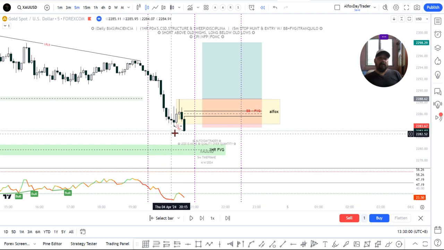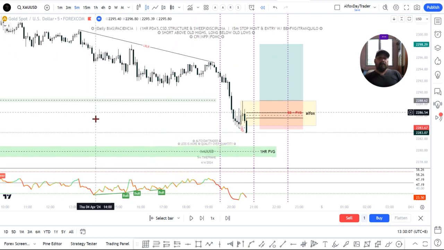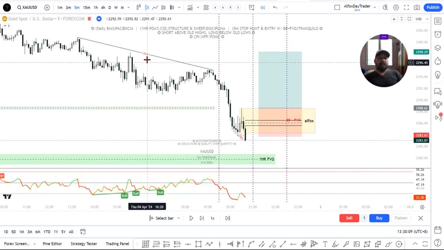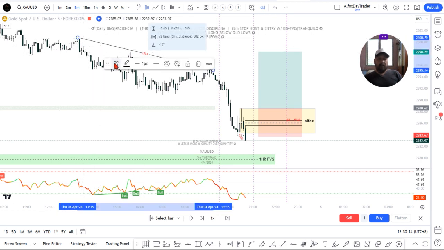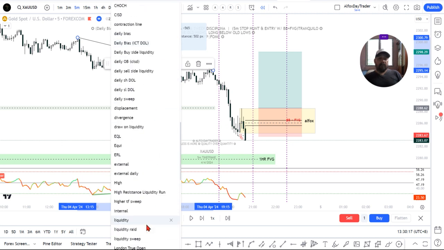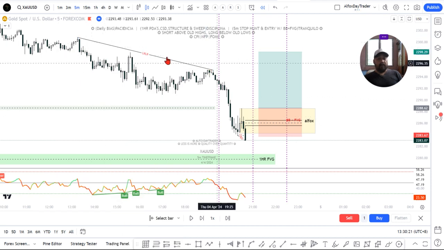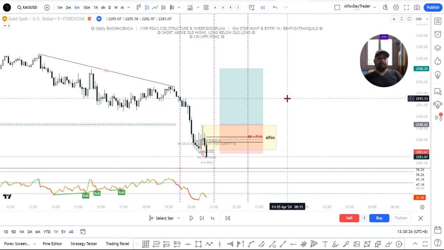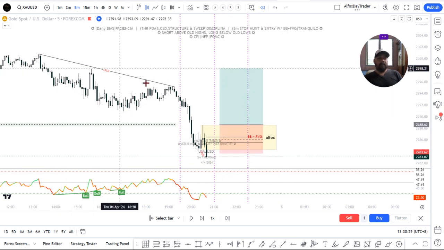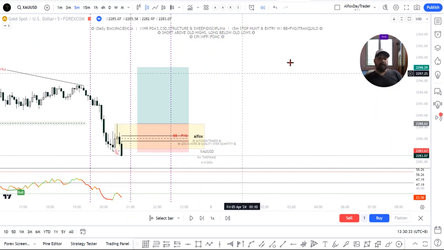We have our breaker block, we have our lower time frame stop hunt, we have our higher time frame mitigation for our PDA, plus we have our target, this low resistance, this line, this is what you call low resistance liquidity run. So this is very important when you put your target, it must have this because it's a good sign that price will go up there.